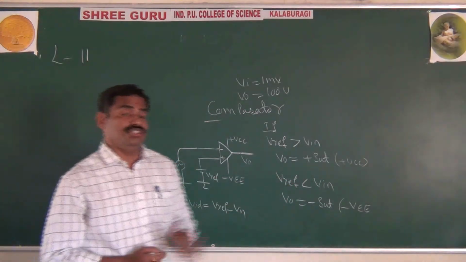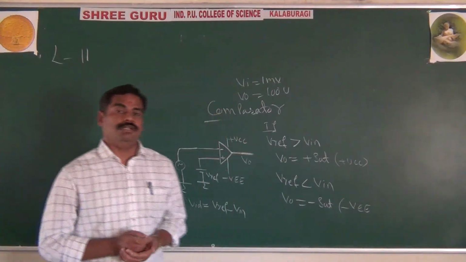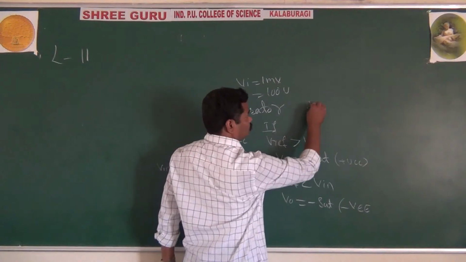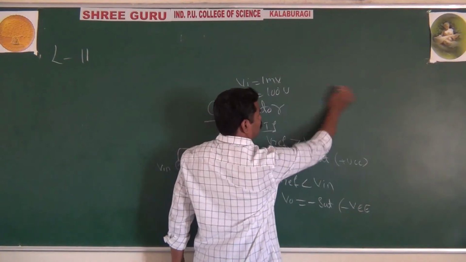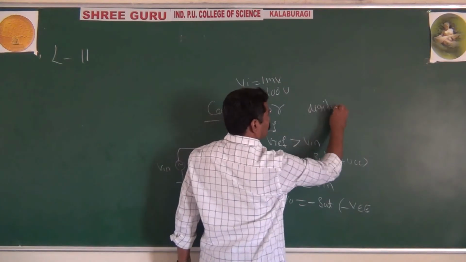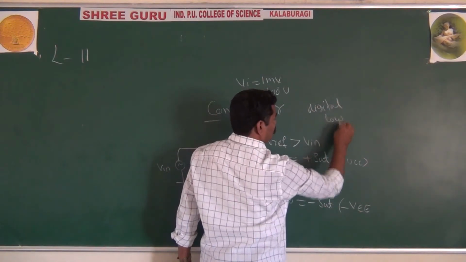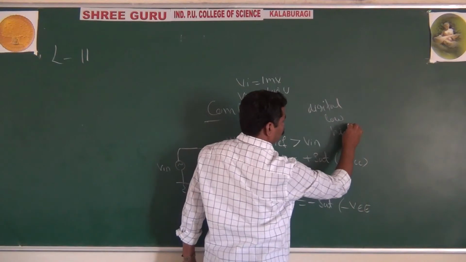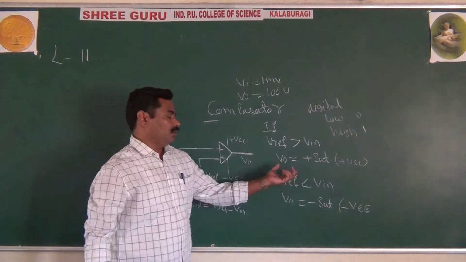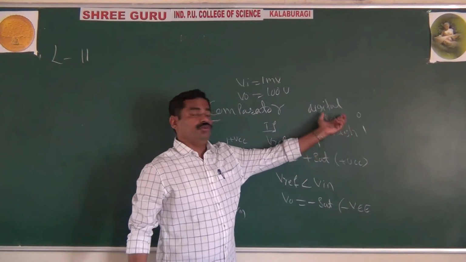You can easily convert analog into digital, because in digital also there are only two conditions, high or low, or 0 or 1. The same thing happens here: the output may be positive saturation or negative saturation, or the output may be 1 or 0.